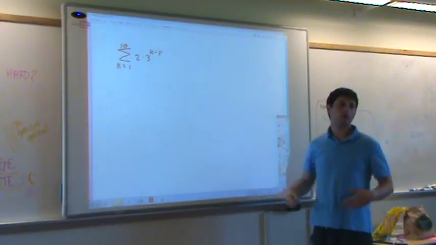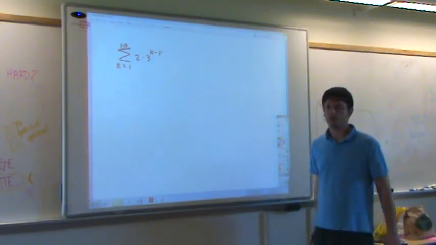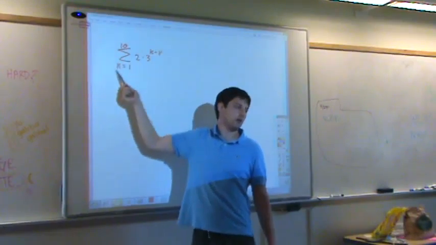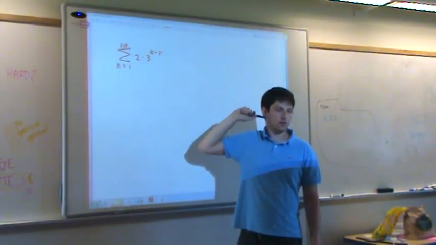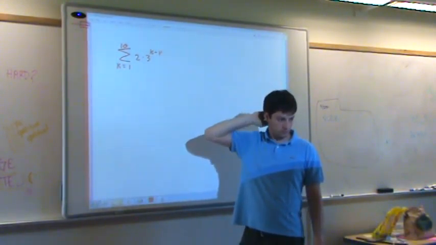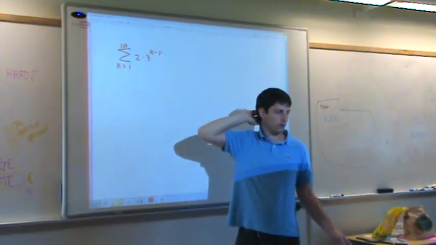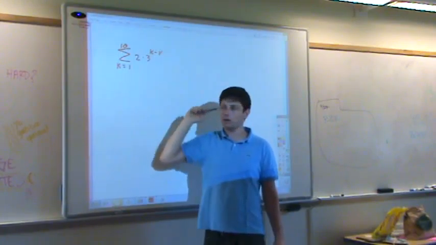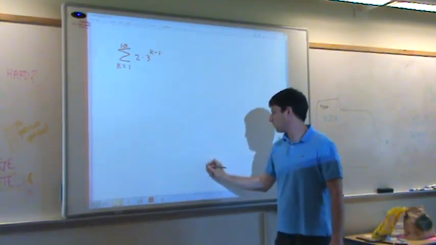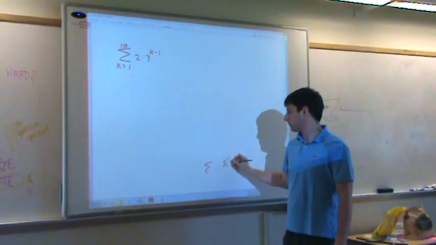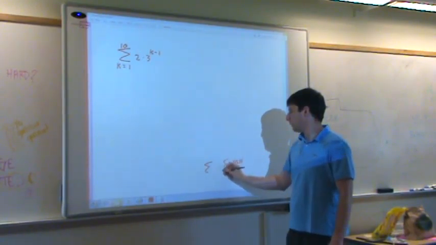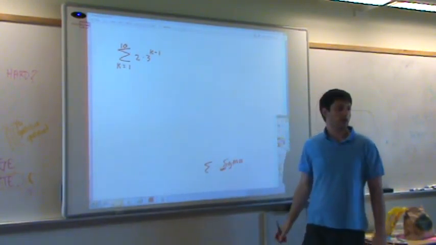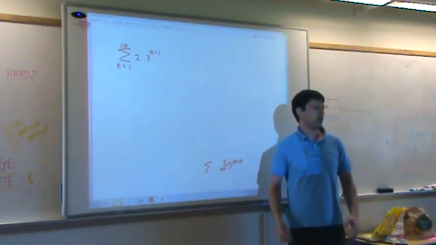So this says what in English? What does the funny Greek letter mean? 10 is your last term. You start with 1. What letter is it? It's a sigma. It's a Greek S, and it means sum.